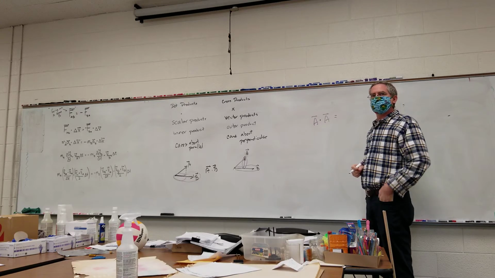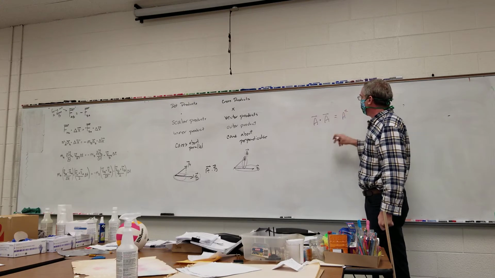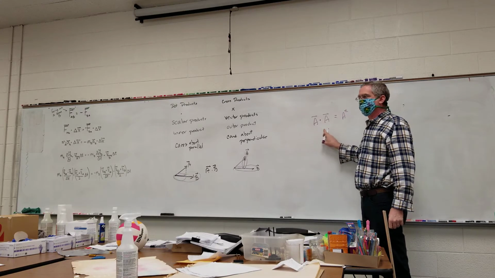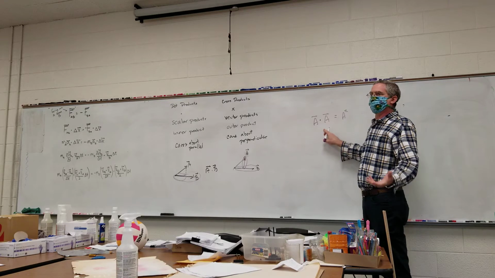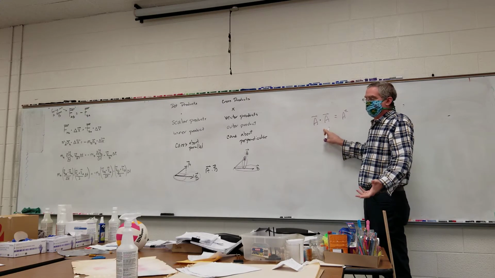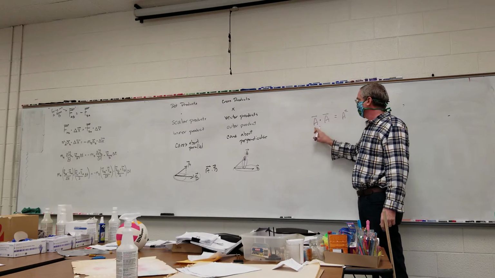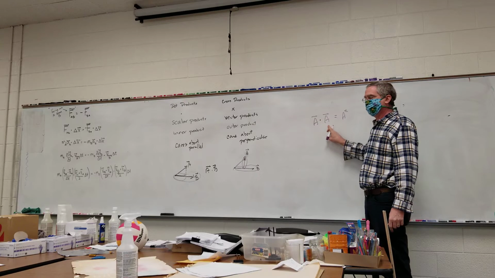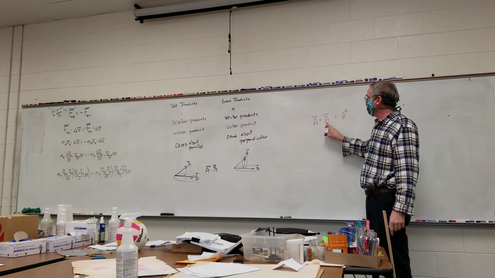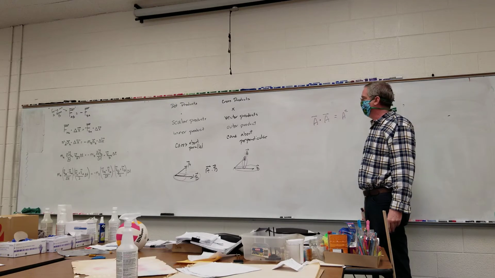A squared. Because how much of vector A is in the same direction as itself? Well, all of it. So I multiply how much that is times A. Any vector with a dot product with itself is just the magnitude squared.